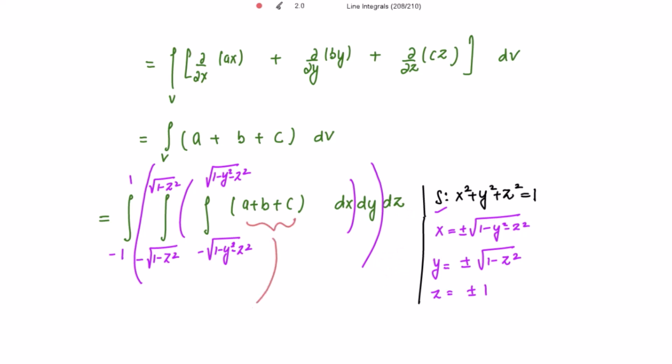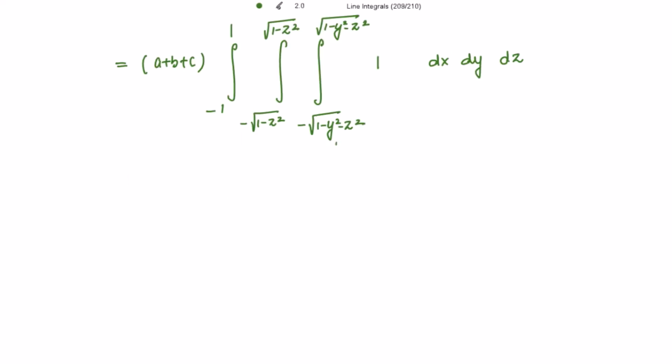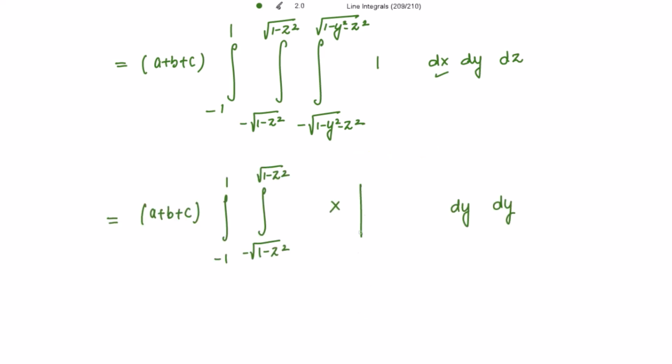Taking this constant outside of the integrals, solving the innermost integral first. So integration of 1 with respect to x is x. With limits, putting the upper limit minus putting the lower limit, we get twice the square root of 1 − y² − z². Writing this 2 outside, and now we have to integrate this with respect to y. For this, I'm writing 1 − y² − z² as 1 − z² − y².